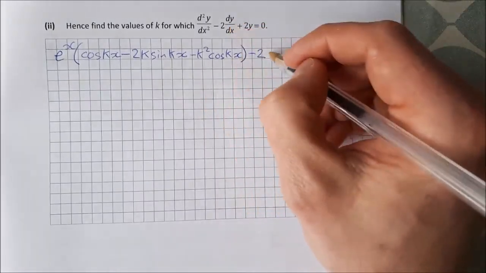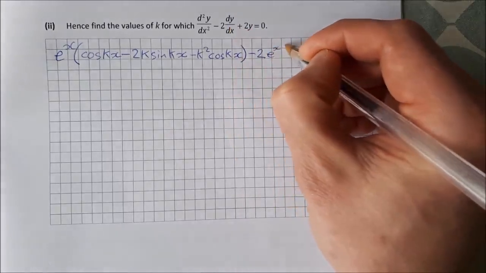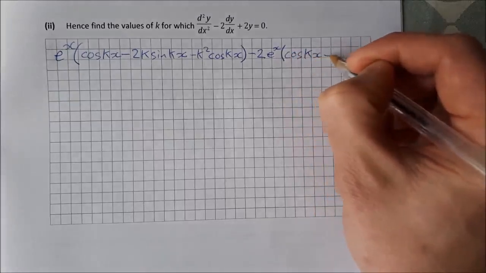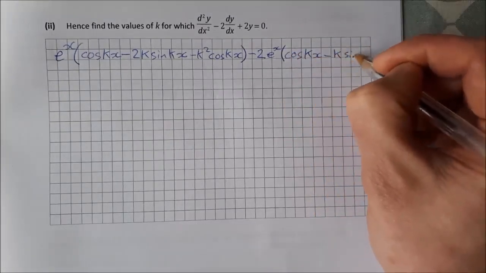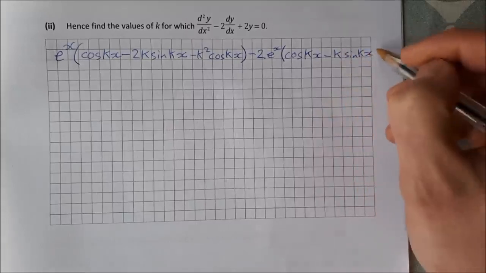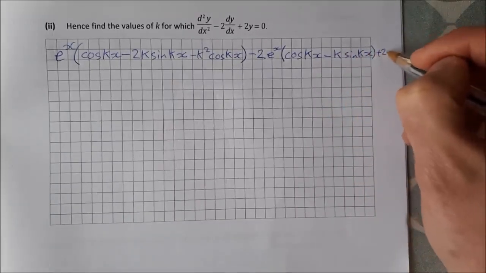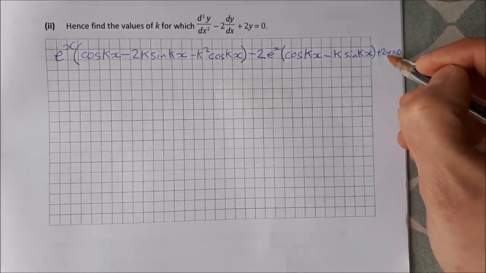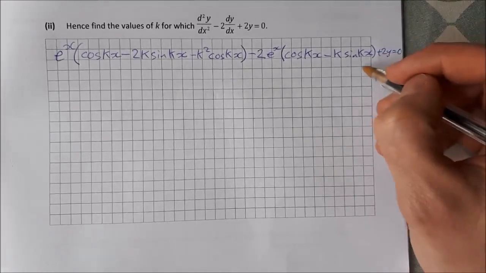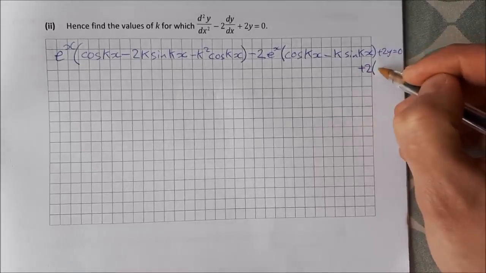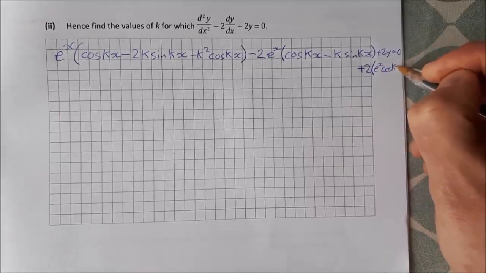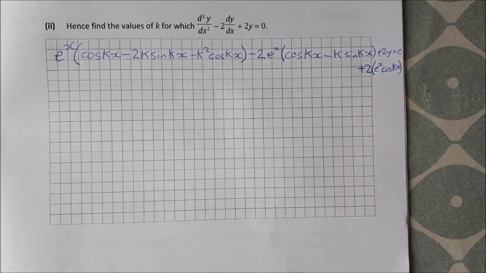The first derivative was e to the power of x times cos kx minus k sine kx, and then plus 2y is equal to 0. Of course, we know that y was given to us in the first place, so it's plus 2 times what y was. y was e to the x cos kx, so that's equal to 0.